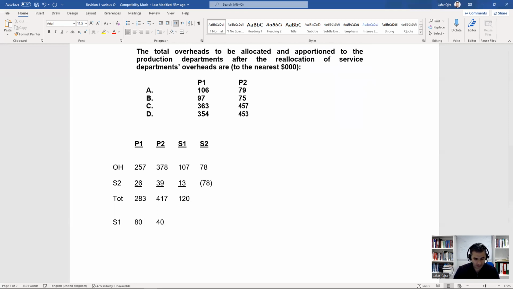And of course, S1 will be minus 120 because it's gone. So now the final total after allocating everything: 80 plus 283 makes 363, and 417 plus 40 makes 457.